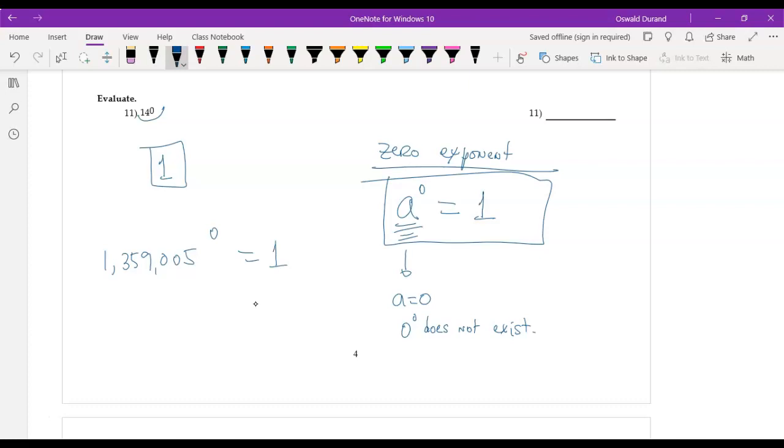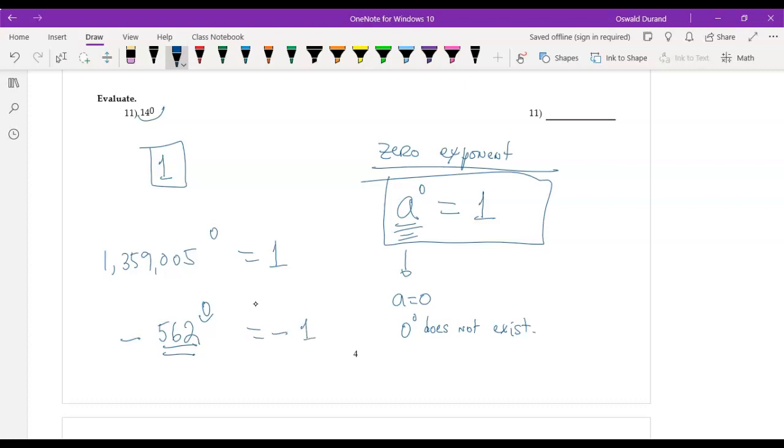Now, if you have negative 562 to the power of 0, again, we apply whatever we learned earlier. The power of 0 only applies to the 562, so the negative remains, and the 562 to the power of 0 is 1, right?